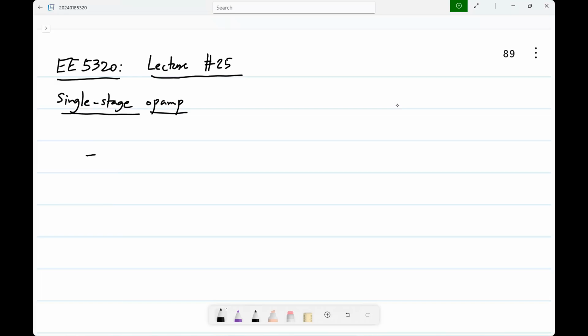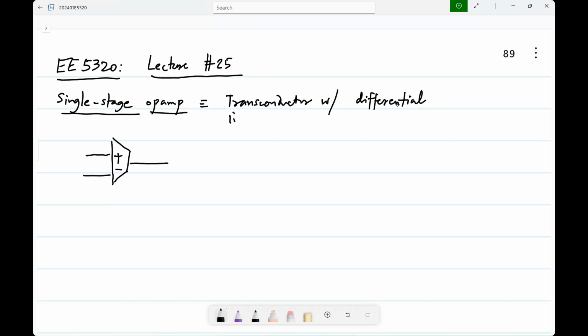Okay, so the single stage op-amps are just a transconductor with differential input. So this is the single stage op-amp.